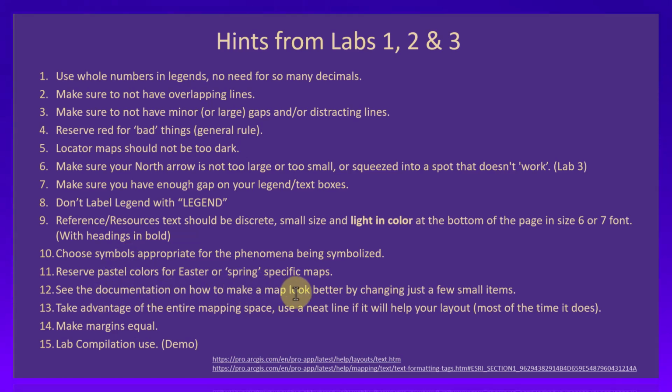See the documentation on how to make a map look better by changing just a few items. Lab 1 had a plethora of cartographic sheets or tips, documents to help you. It would benefit most students to review those every time you make a map. Pull them up. You've got them saved, I think. Open them up and make sure that you don't violate any of the major map making rules.